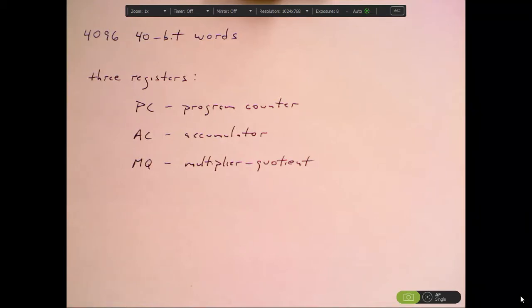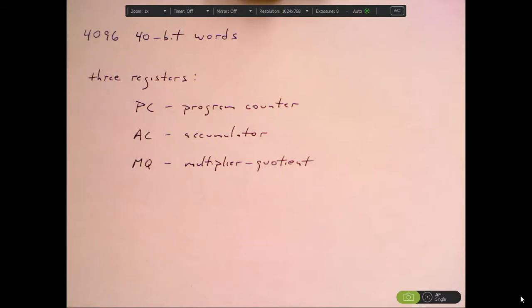The machine only had 3 registers. A program counter, because of course, since von Neumann was involved, it was a stored program computer, so it was fetching instructions out of memory, and the program counter, as in modern days, kept track of where the next instruction was.